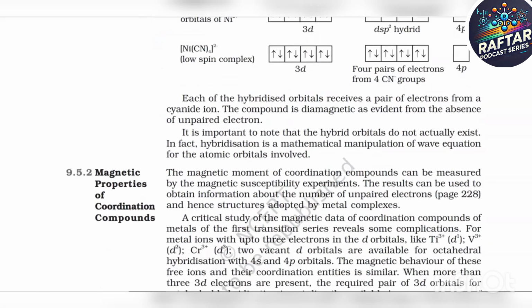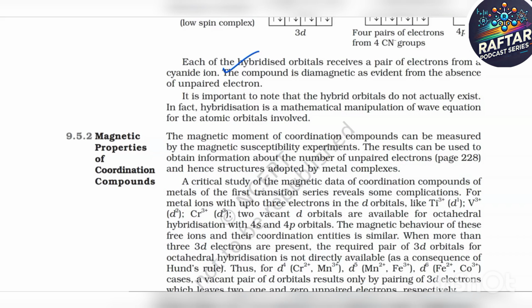Low spin complex: 3d, 4 pairs of electrons from 4 CN- groups, 4p. Each of the hybridized orbitals receives a pair of electrons from cyanide ions. The complex compound is diamagnetic as evident from the absence of unpaired electrons.